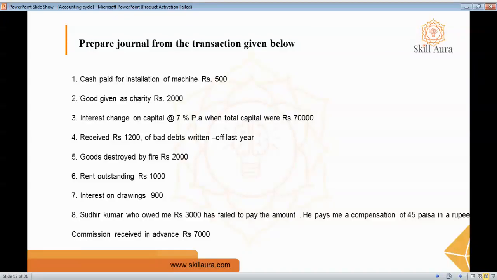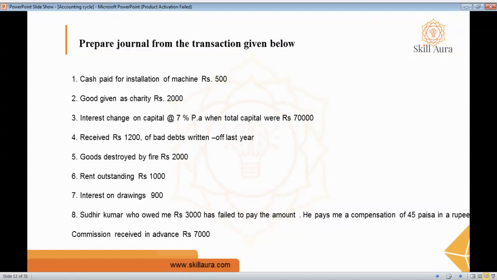The first entry is cash paid for installation of machinery, 500. Here it is related to an expenses transaction. So we debit the installation expenses account to record the increase in expenses, and we credit the cash account to show the decrease in cash as it was paid for installation.